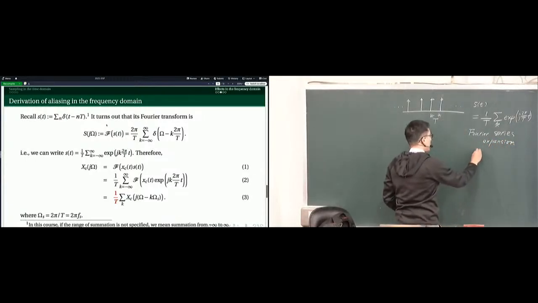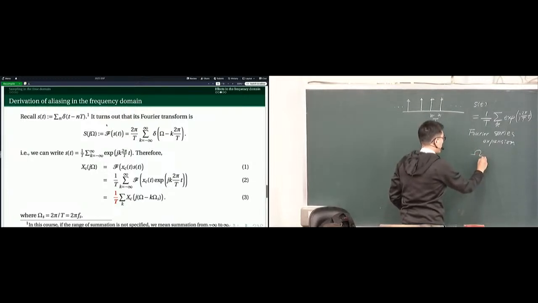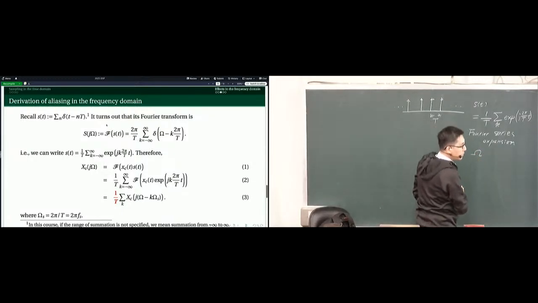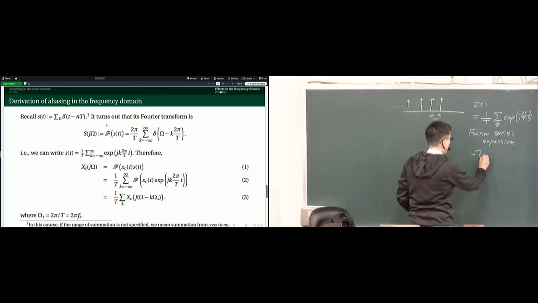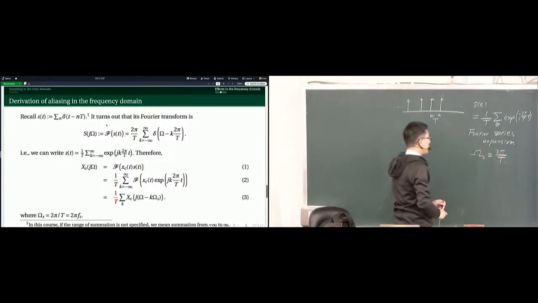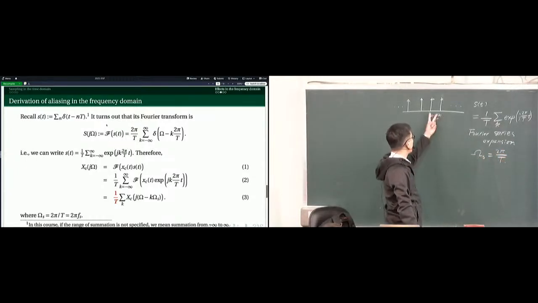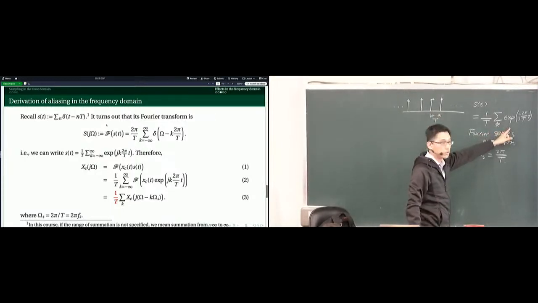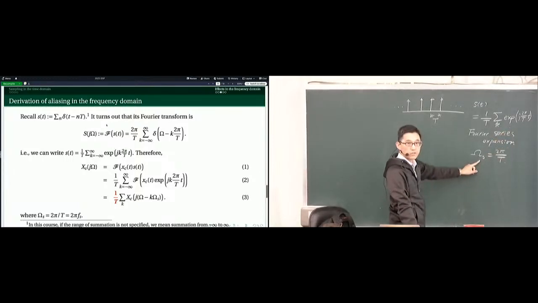You can also introduce the symbol omega s: 2 pi divided by T can be denoted as the fundamental frequency of the Fourier series expansion. Let's make this definition; we'll come back to it. It will become useful.